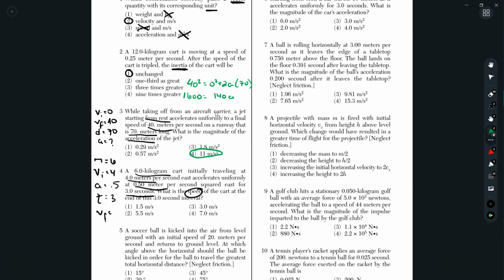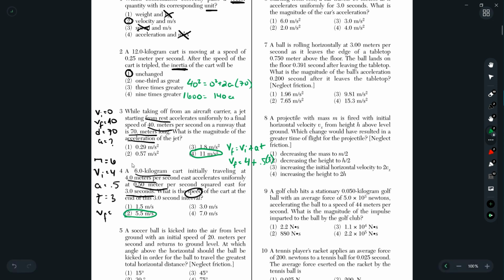Vf is Vi plus at, which means Vf is 4 plus half of 3, so 4 plus 1.5. That's 5.5.